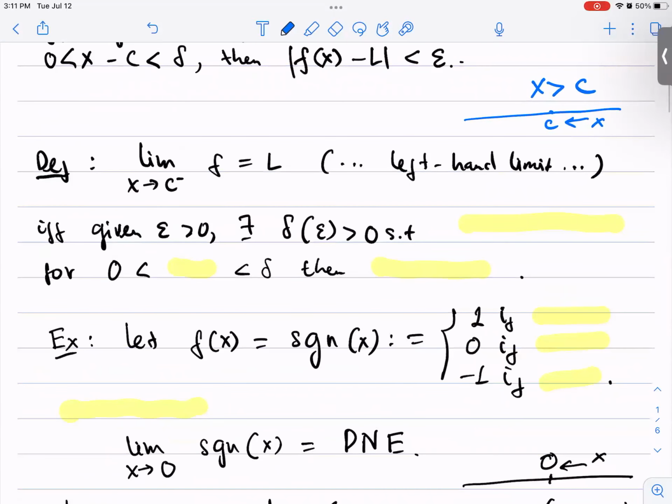Similarly, we have a definition for a left hand limit when x approaching c from the left.